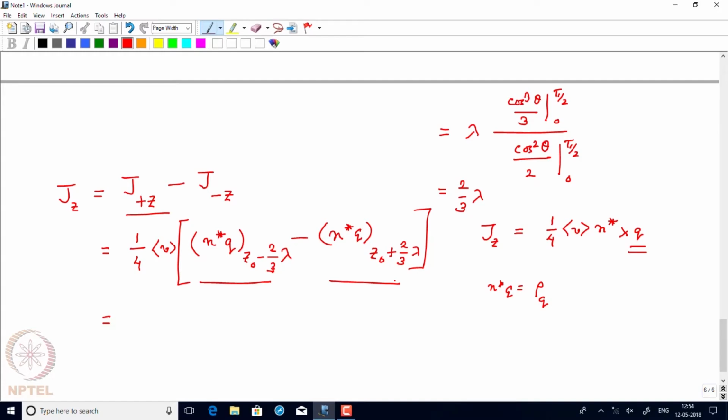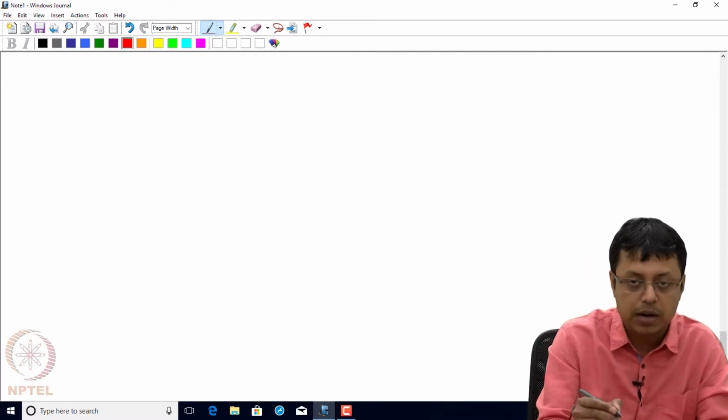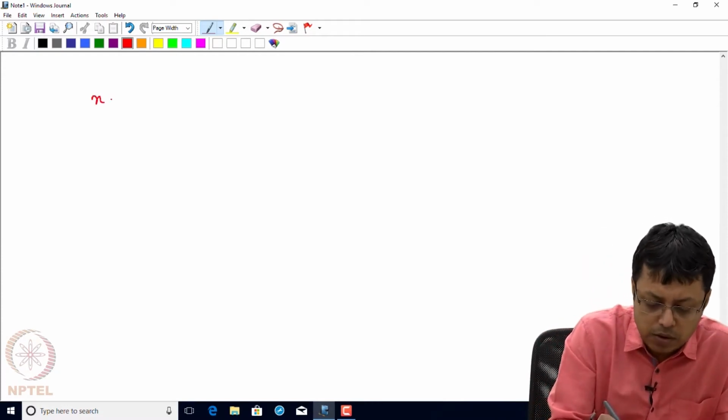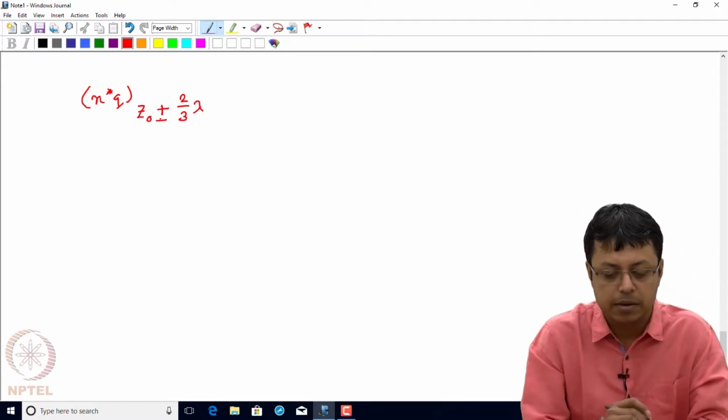If the gradient is 0, these two quantities will be identical, so there will be no net flow. So now let us first define what this gradient will be. What we are asking is the value of this n star into Q at Z0 plus or minus 2/3 lambda.